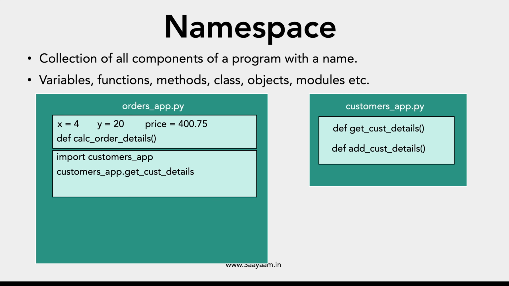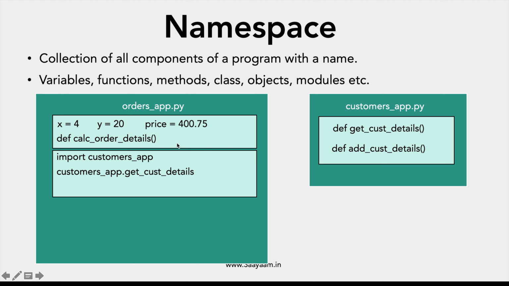Now let's say I have another block of code wherein I'm importing customers_app. Now if I use import customers_app, then I'll have to mention this customers_app completely, because what happens is that the program is loaded in memory in its own namespace if we use just the import command.